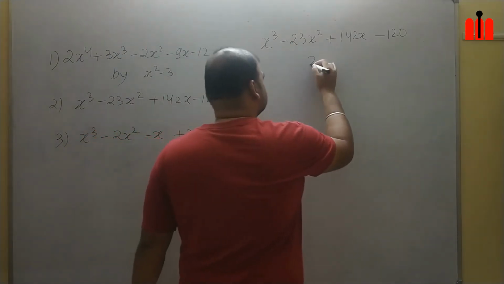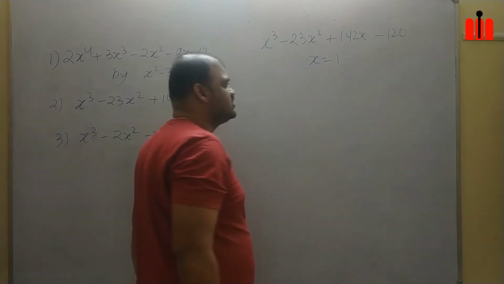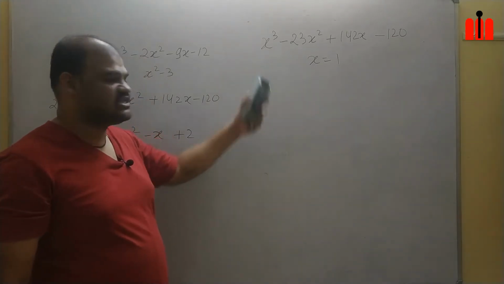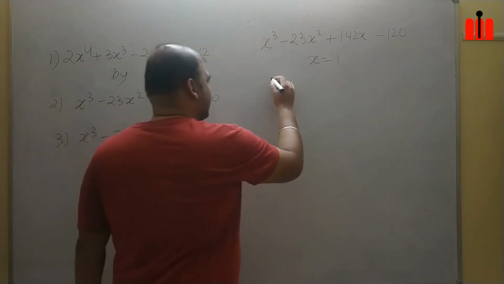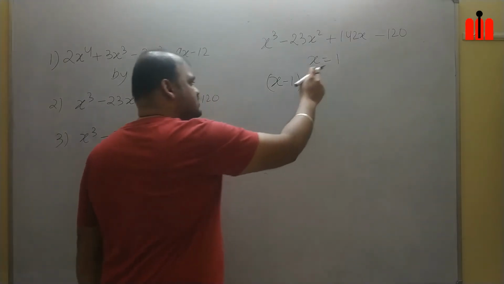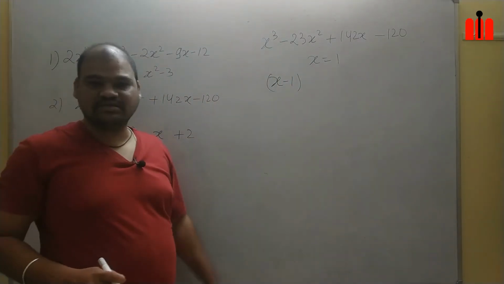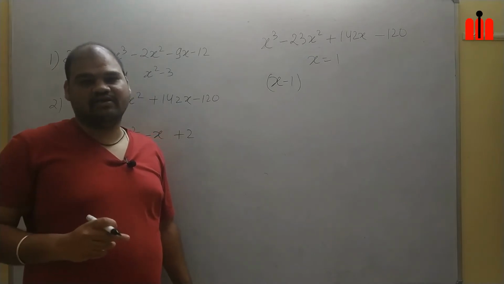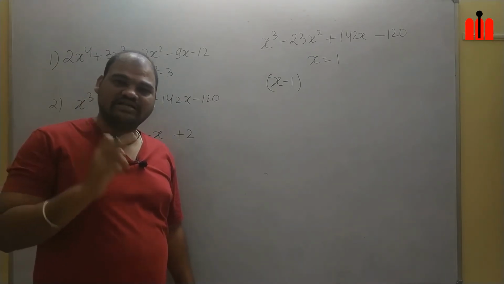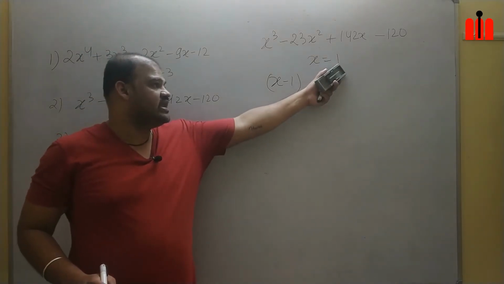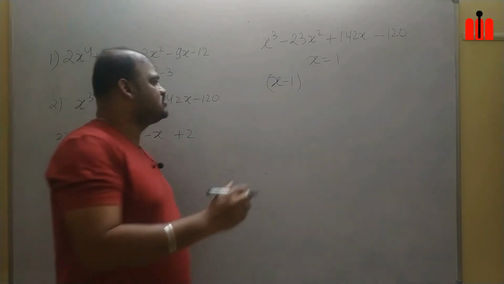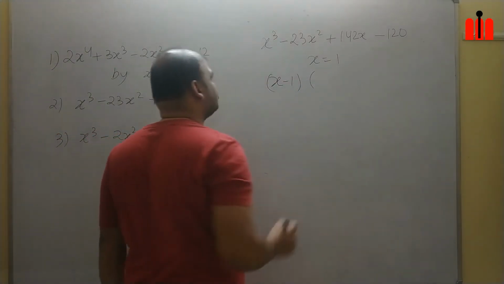So x equal to 1 is one of the zeros for this expression, so x minus 1 will be the factor. If x equal to a is the zero, then x minus a is the factor. So here a is 1, so x minus a is x minus 1. So this x minus 1 will be the factor.